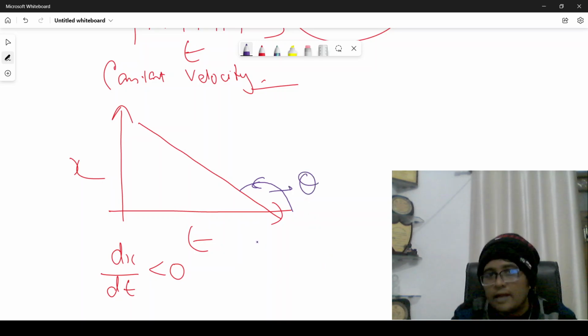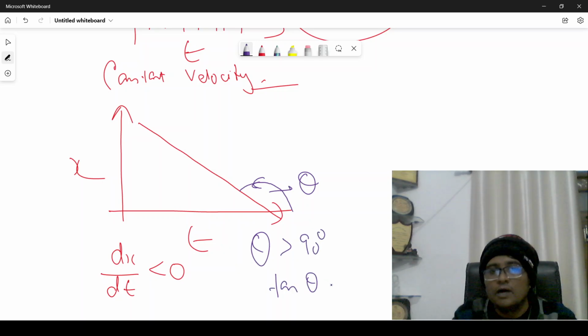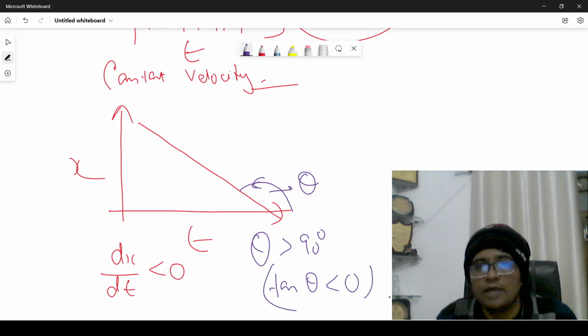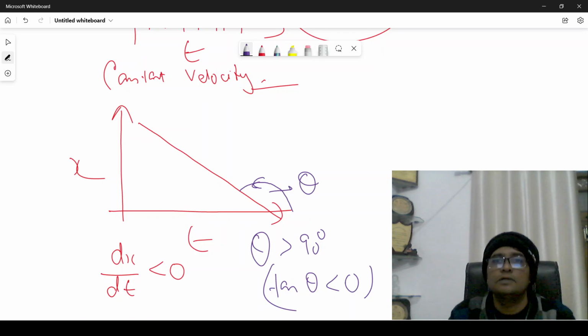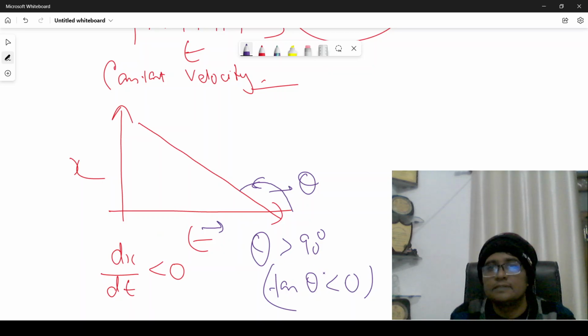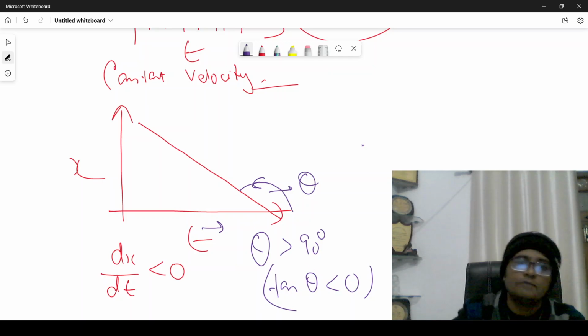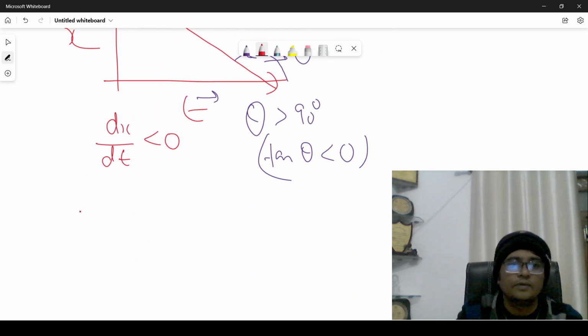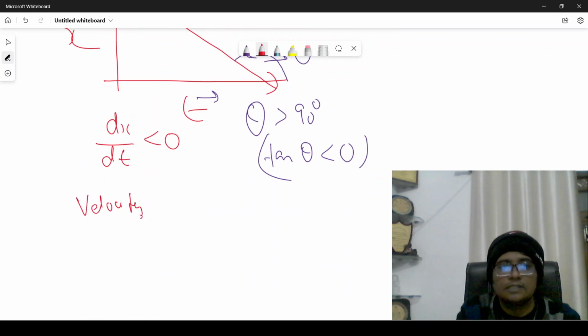The angle which is more than 90 degree, tan theta will always be less than 0. Means the value will be in minus. So we can say that with the increase in the time t, our velocity is decreasing constantly.